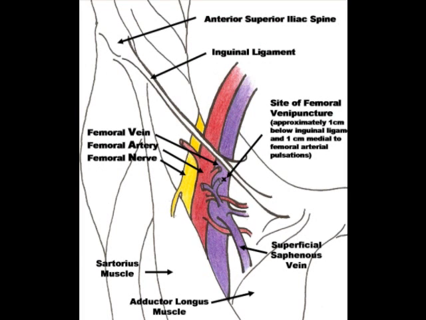Okay, this shows some arteries, veins, and nerves, basically for your thigh and pelvis. I guess you can see there how the femoral nerve, femoral artery, femoral vein are all there right together.